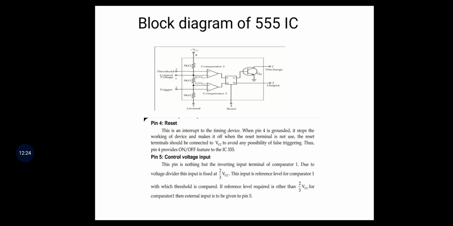If you want to decrease the 2/3 VCC, that is the minus terminal of comparator 1, then we give a negative voltage. In this way, we control the voltage of comparator 1. This is the control voltage input.